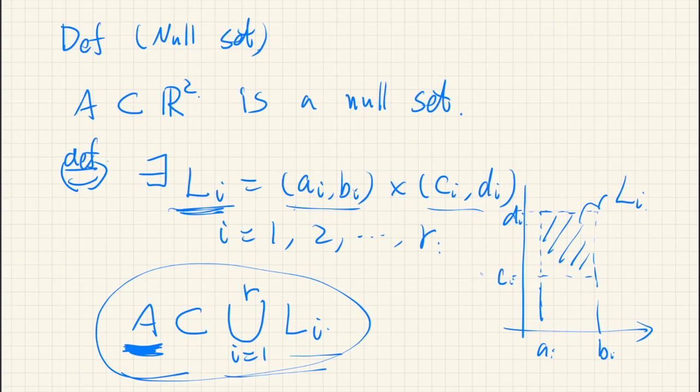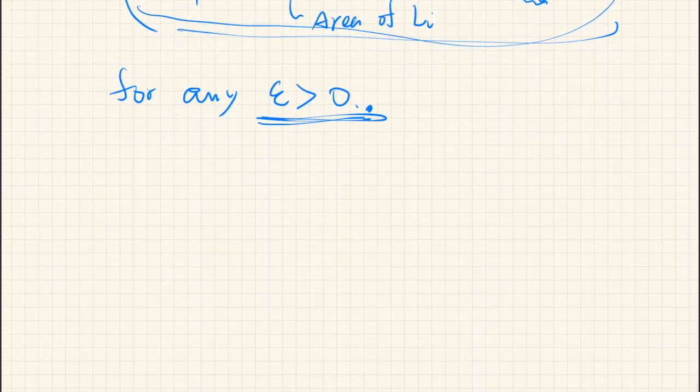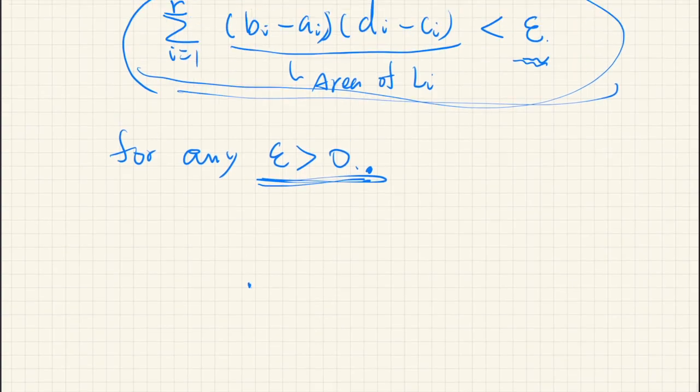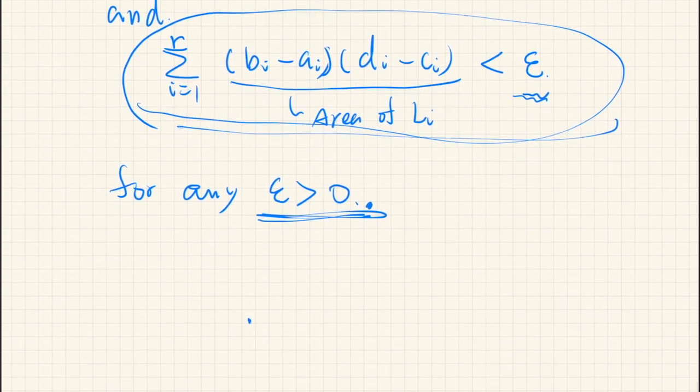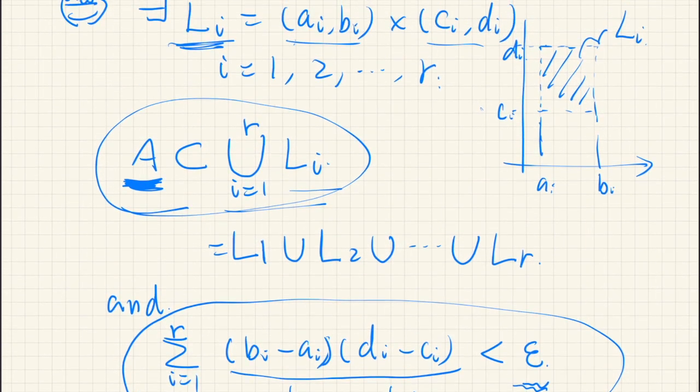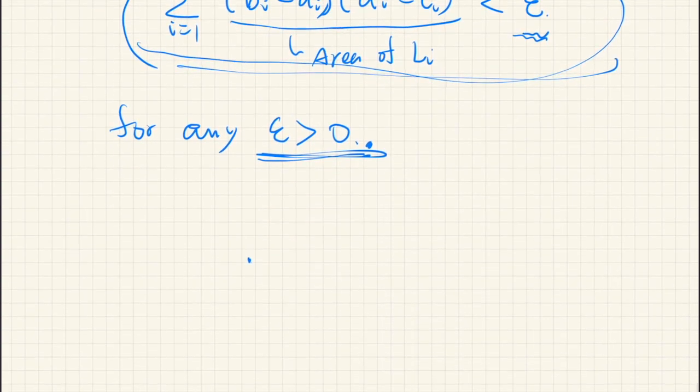But a null set can contain something, for example a set consisting of a single point. It is a null set because the area of a single point is 0. In fact, we can find a single open rectangular region that contains this single point, and the area of this rectangle can be arbitrarily small. So this is a null set.